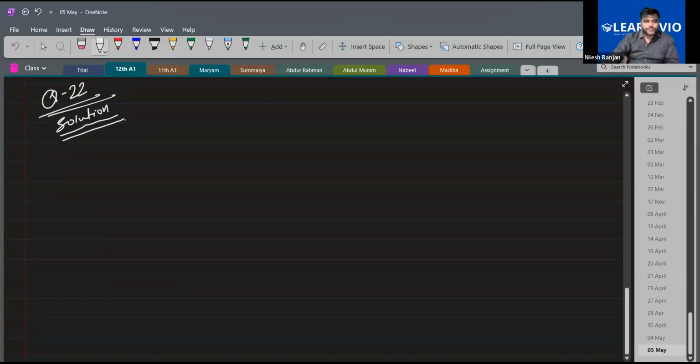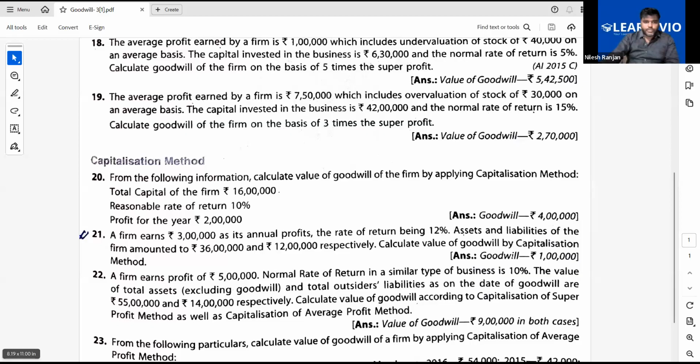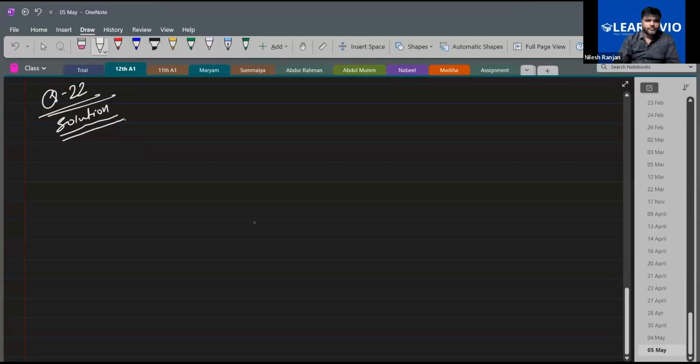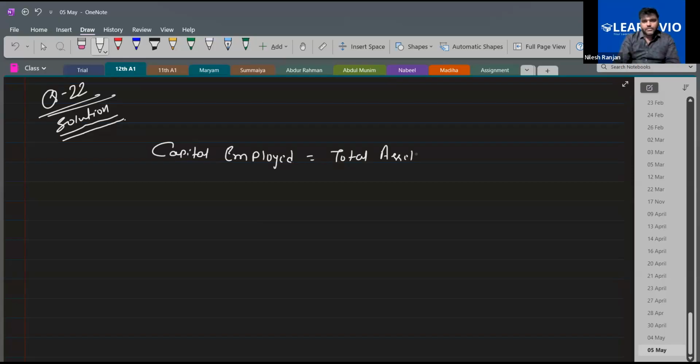So first of all, capital employed will be calculated. Capital employed equals total assets minus outsiders' liabilities.